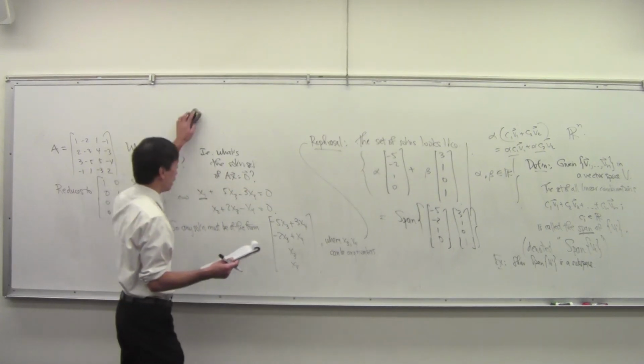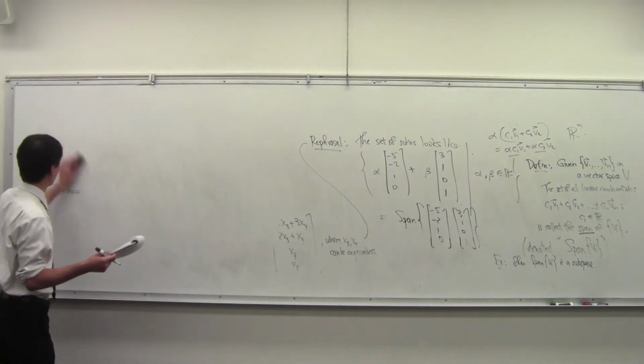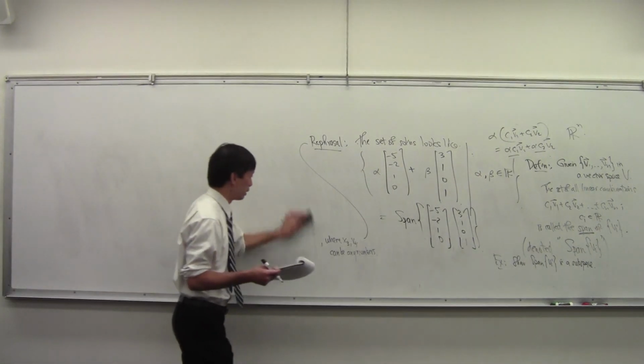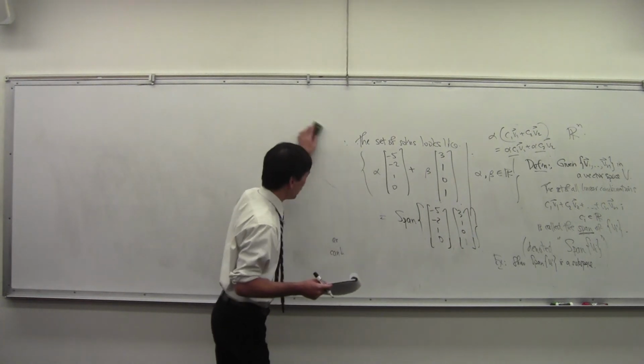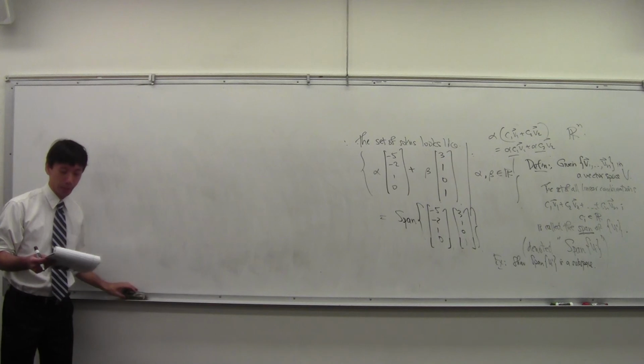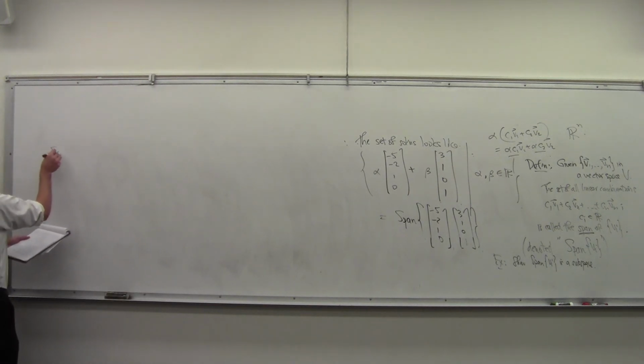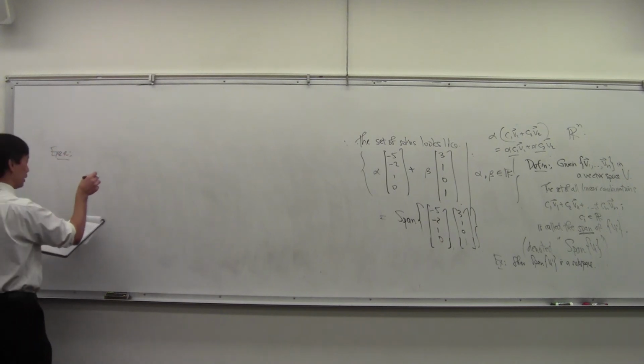Okay, there are some exercises about the span that I think are not particularly great, but let me show you an example of it. So here's a typical exercise from the book.